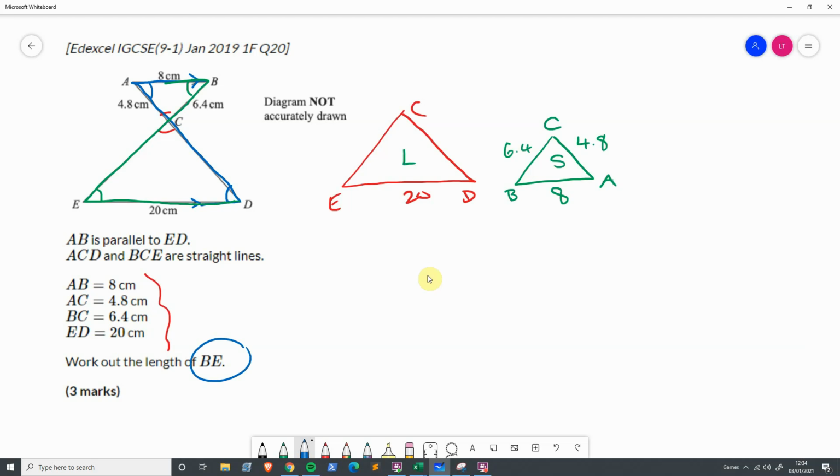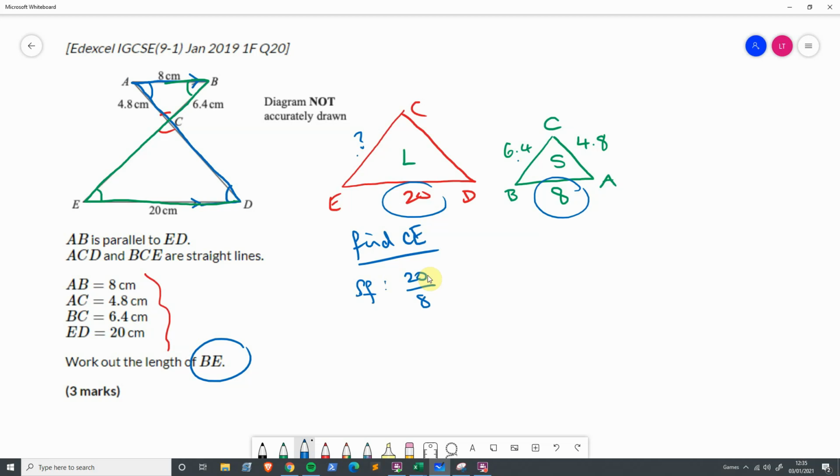So we're wanting to find out the length of BE. BE goes from BC and then CE. So what I want to do is find this length here. Then I'm going to add these two together to find the full length of BE. So let's work to find CE to start with. So find my pair of sides. That's going to come from this bottom. So my scale factor is 20 over 8.